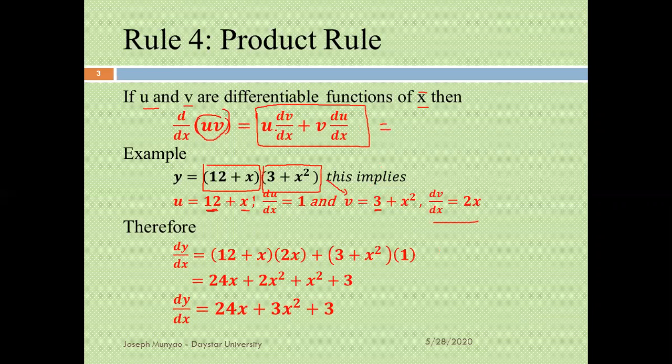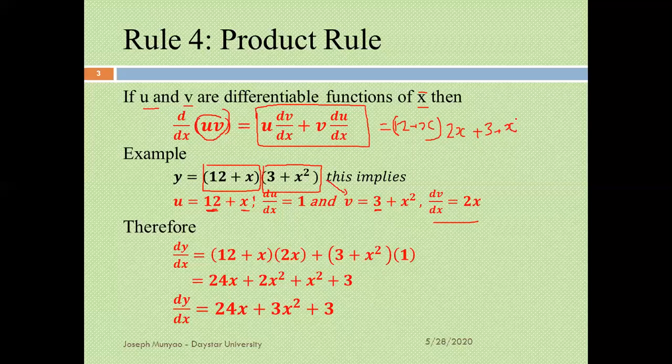What is your u? Your u as a function is 12 plus x. And what is your dv dx? dv dx is 2 into x plus your v. v is 3 plus x squared as the function into bracket. du dx is 1.